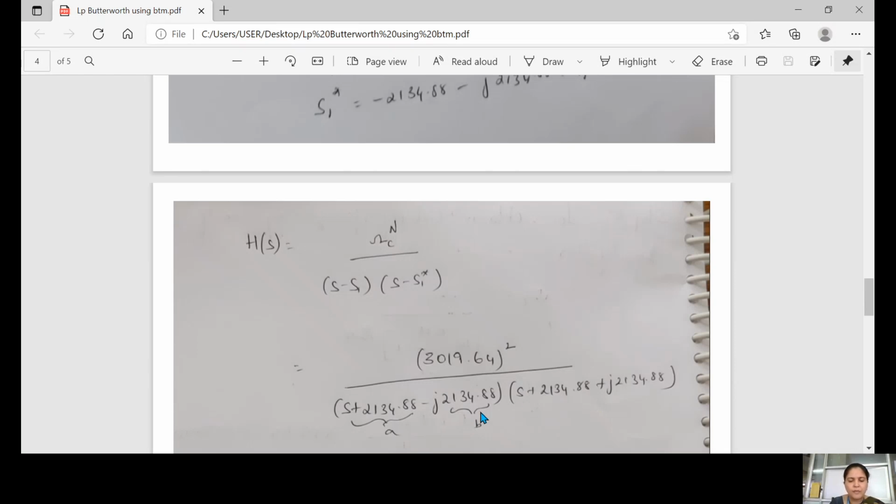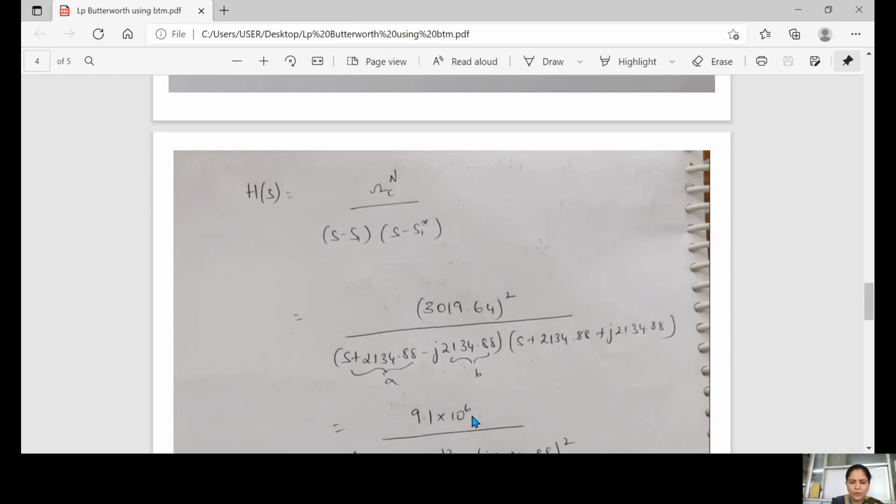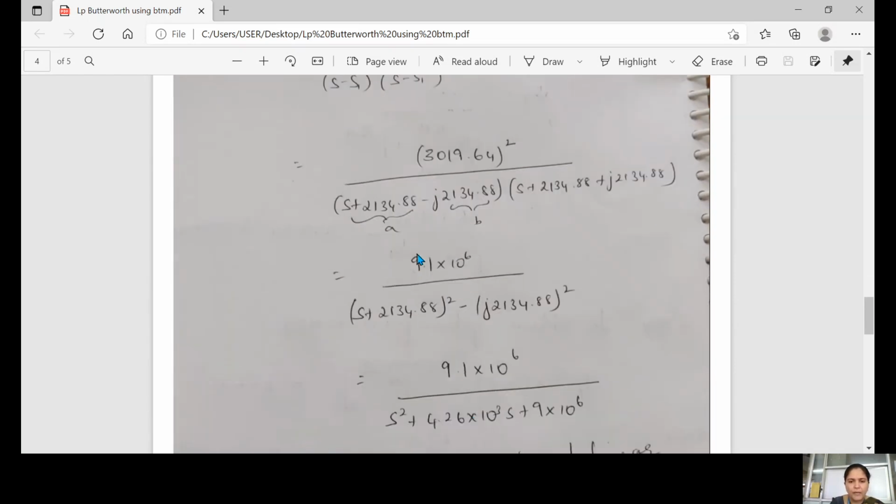You can see this is like a minus b, and this is a plus b. So a plus b into a minus b is nothing but a square minus b square. In that form we will write 9.1 into 10 raised to 6, since this is whole square, divided by a square minus b square.